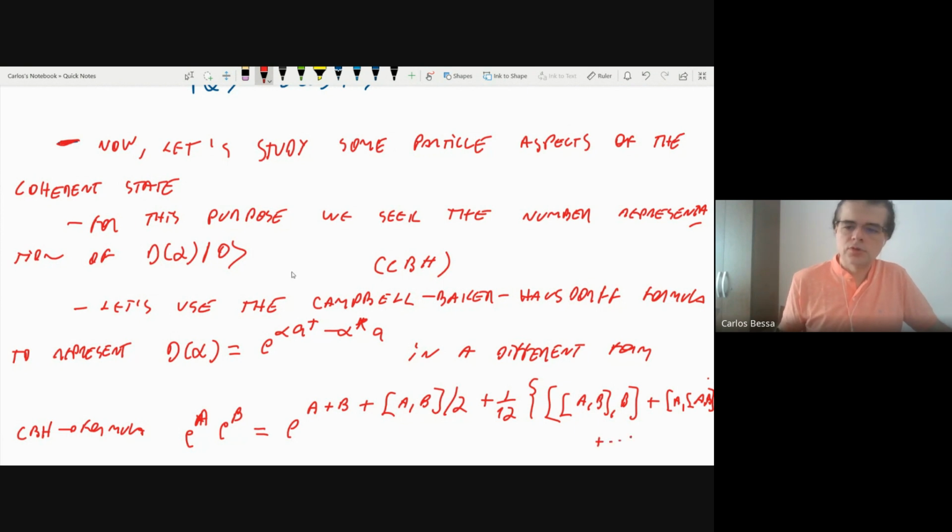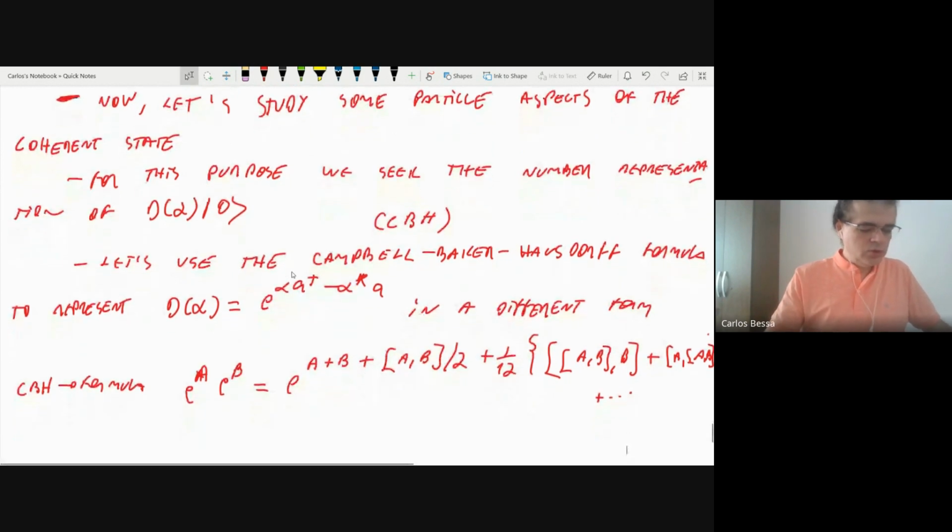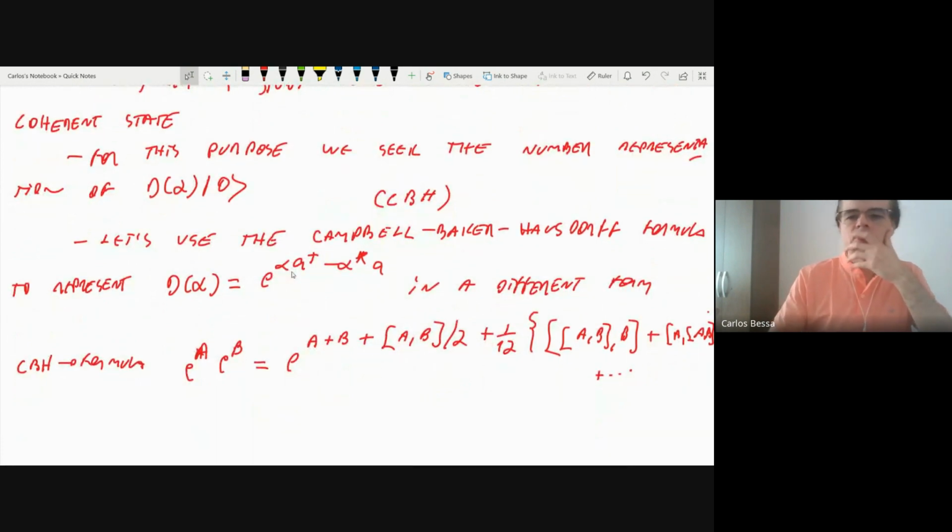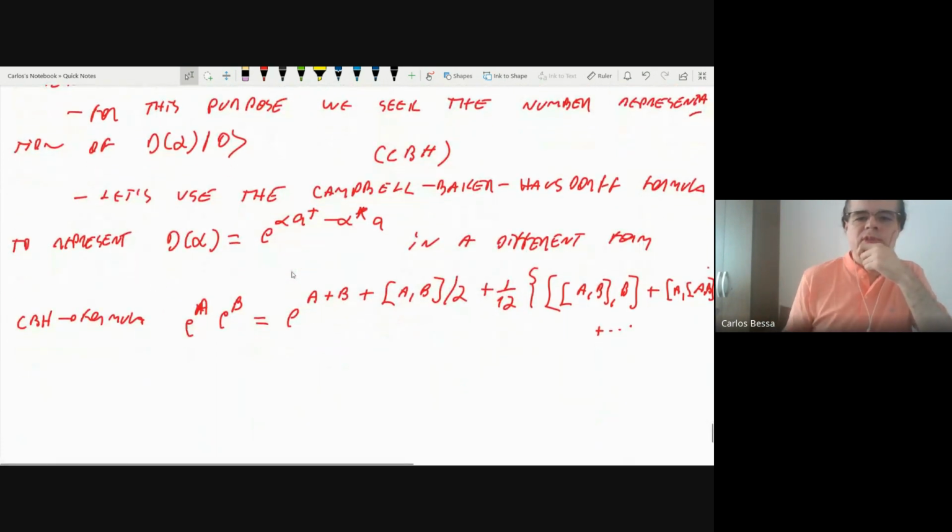This goes on without end. This formula is important in the theory of Lie groups. The mathematicians know this better than me.